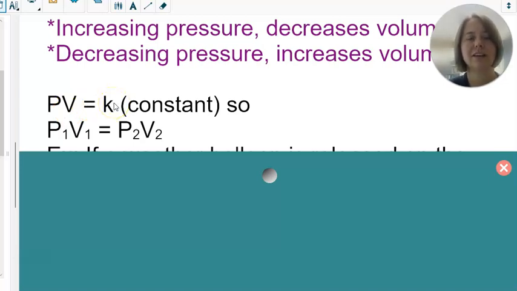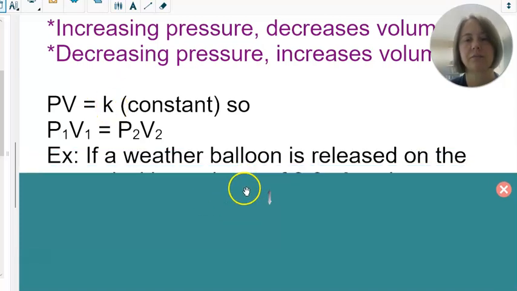So one PV always has to equal another PV because they both equal K. And then we know if pressure goes up, the volume's going to have to go down to keep this number constant.